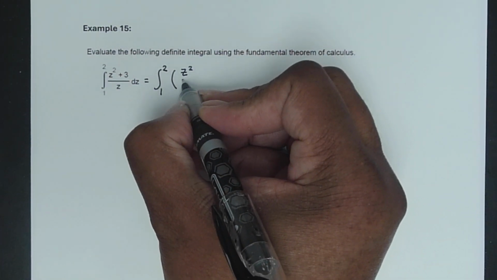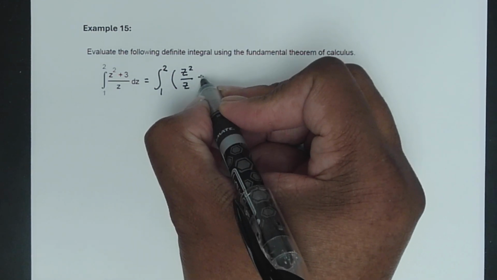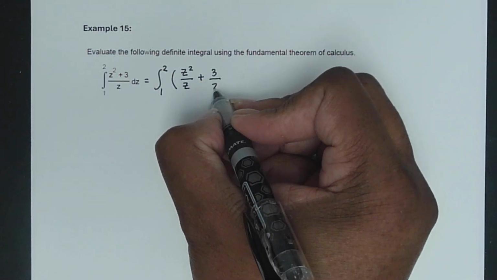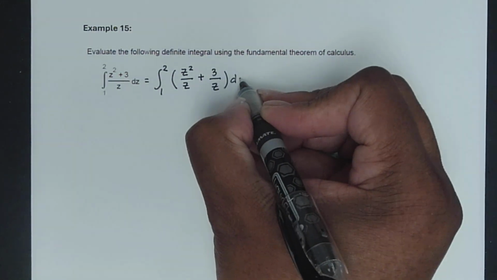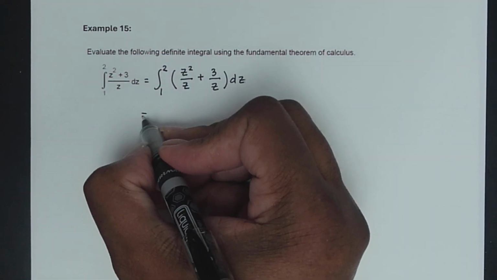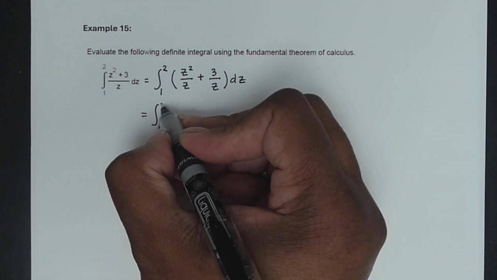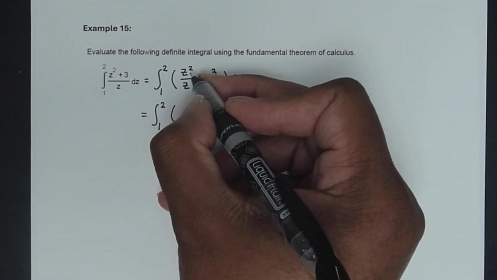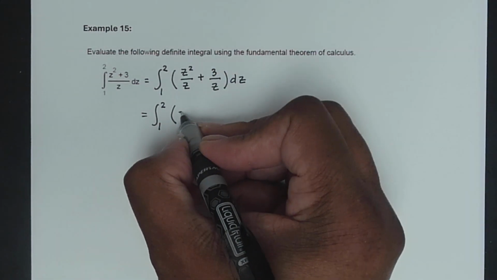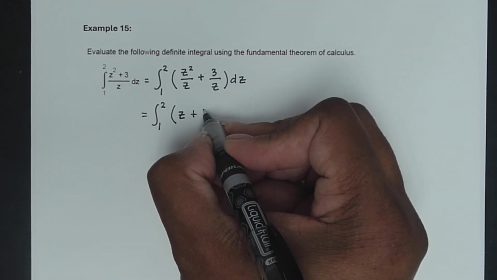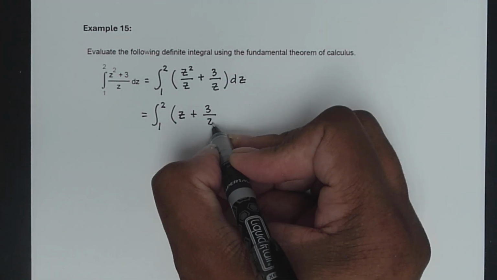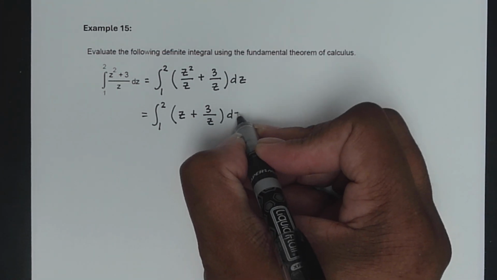So it'd be z squared divided by z plus 3 divided by z dz. Now if I simplify this, z squared divided by z will just leave me with z plus 3 over z dz.